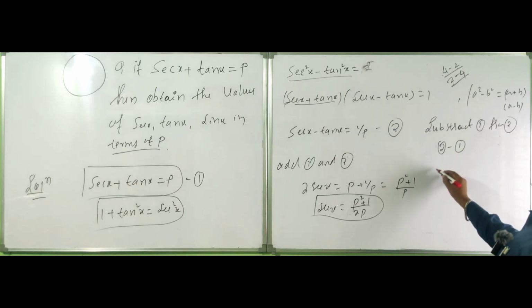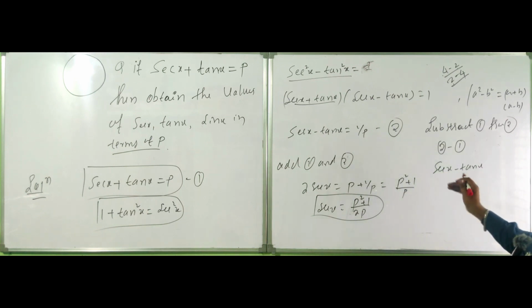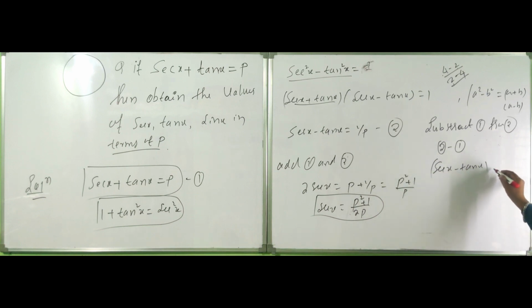So this is sec x minus tan x, and this becomes sec x plus tan x.